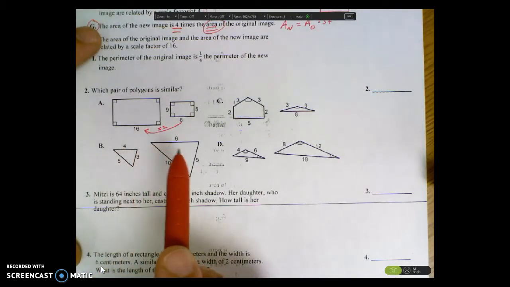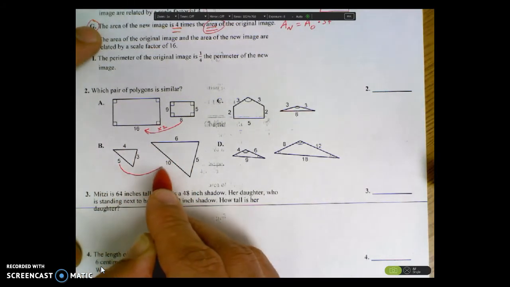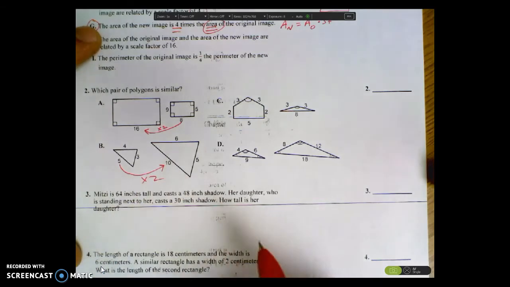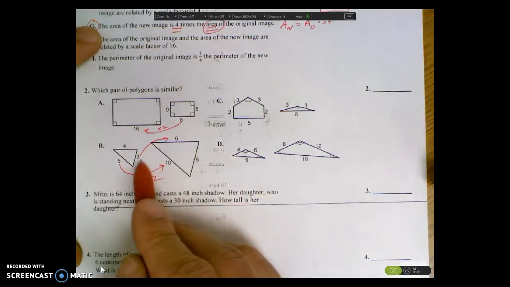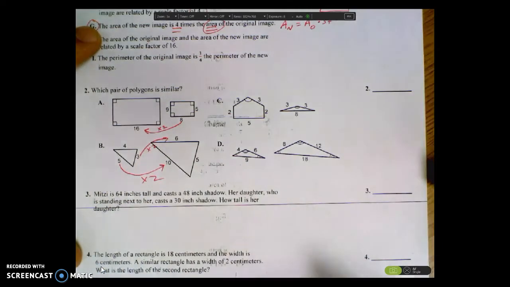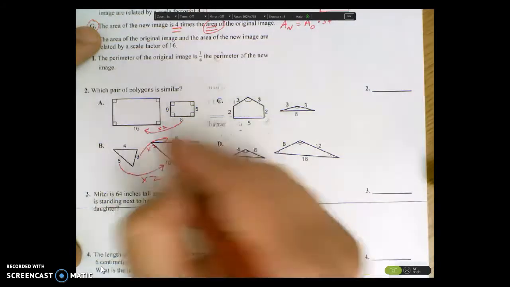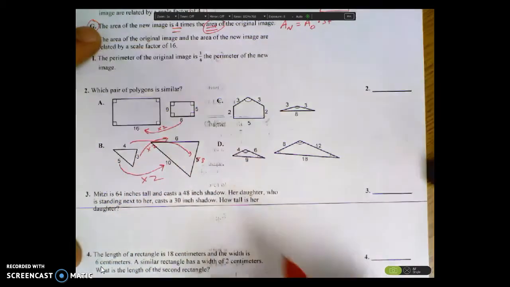B, I'm looking at this one. So I see an easy one to do. To go from 5 to 10 is a ×2. All right. This also looks to be the same, although it doesn't look like that's a corresponding side, but I could still argue maybe that that's a ×2, which means if that were true, this would have to be 8, and it's not.